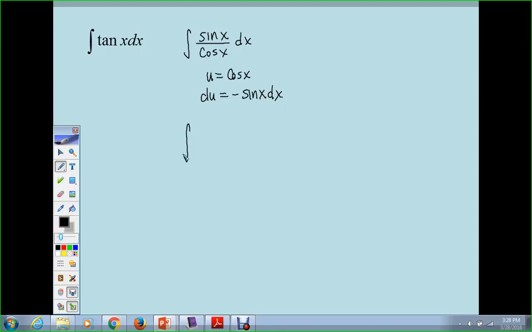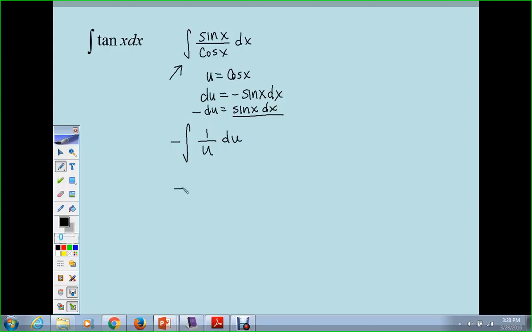So when we make our replacements into our integral in terms of x, now we're going to write it in terms of u. Now notice we don't need this negative, so let's multiply both sides by -1. So sine of x dx is going to be replaced by negative du. I'm going to pull the negative out front, and then cosine of x is going to be replaced with u, 1 over u.